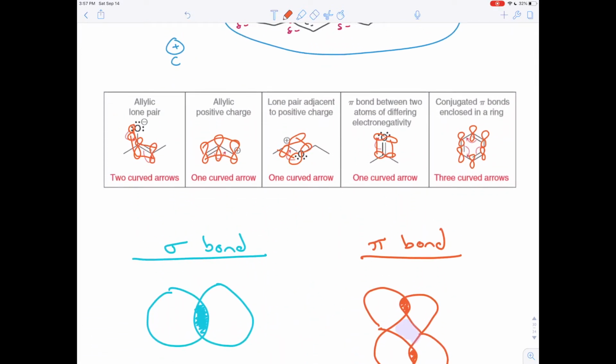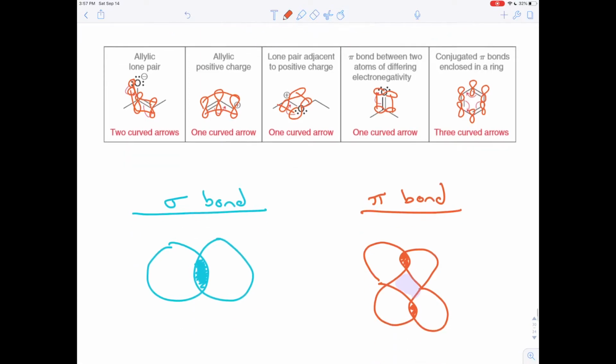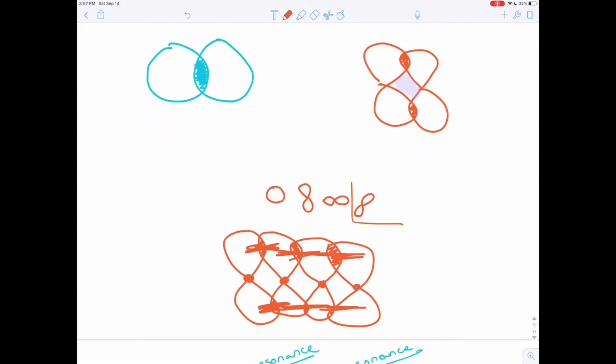So, in other words, any time you have resonance, the atom that has the resonance has a p orbital. That's the only reason why it has the resonance in the first place. If it's using one of its p orbitals for resonance, then it can only mix the s orbital with two other p orbitals, and the molecule will be sp2 hybridized.